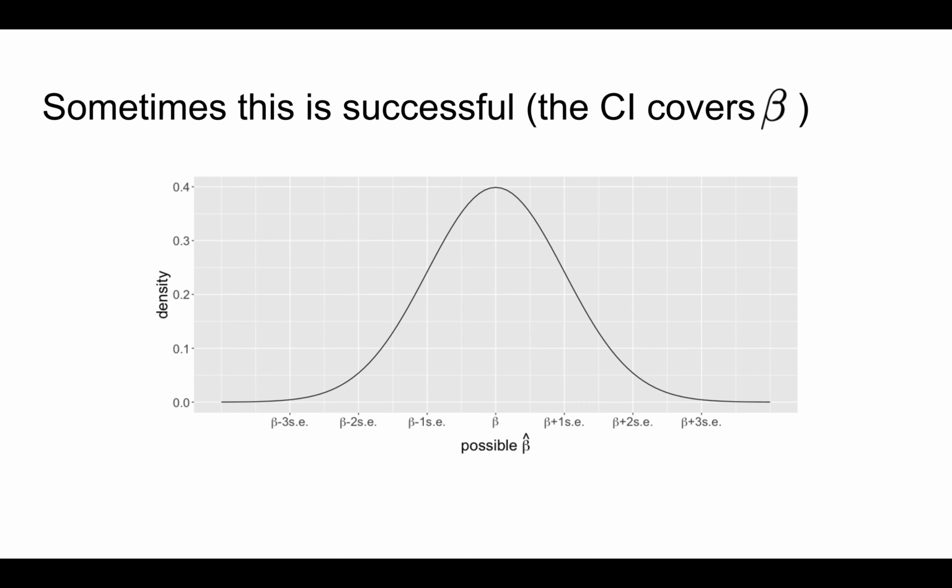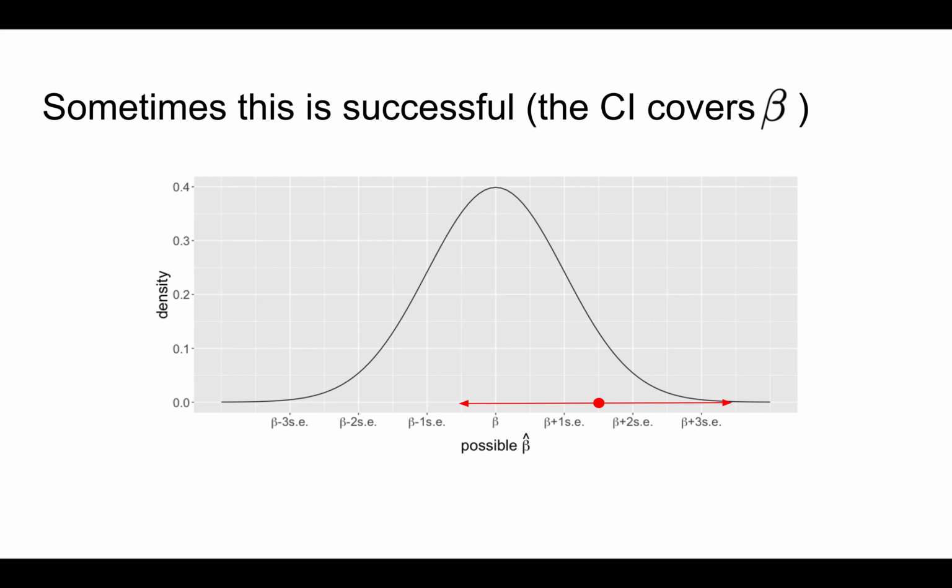Further, given the randomness of working with data, sometimes our confidence interval is successful and sometimes it's not. For example, suppose our sample estimate beta hat happens to be just under two standard errors from the actual population value, beta. So here our estimate is marked by the red dot. Then our 95% confidence interval, calculated by this estimate plus or minus two standard errors, does include beta in the range of plausible values.